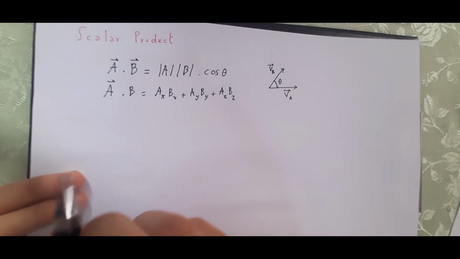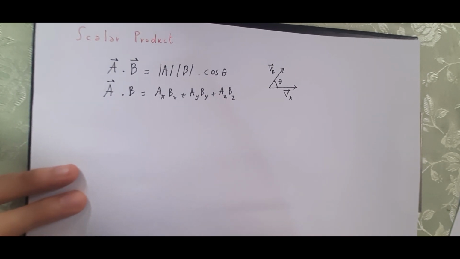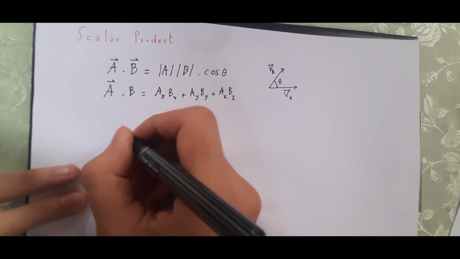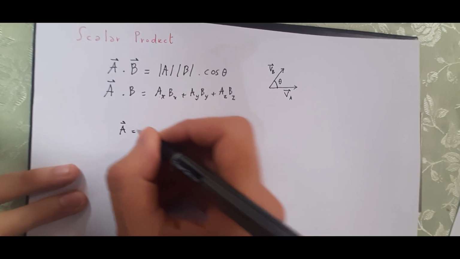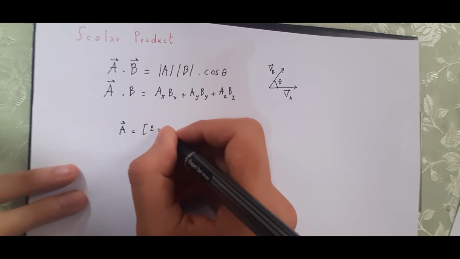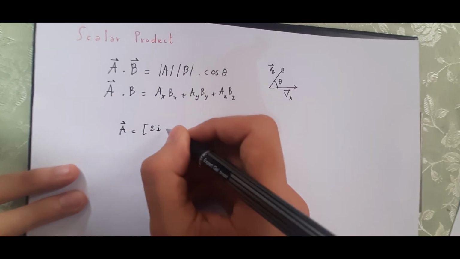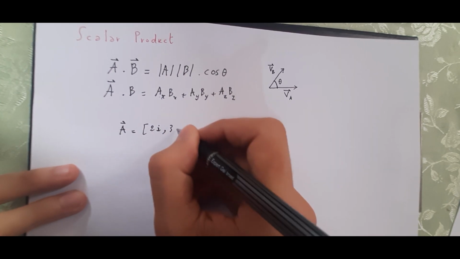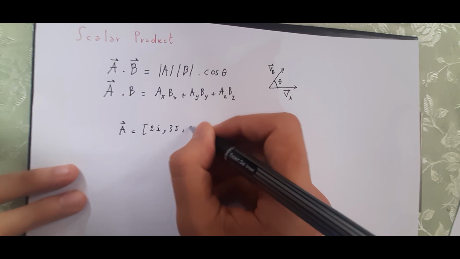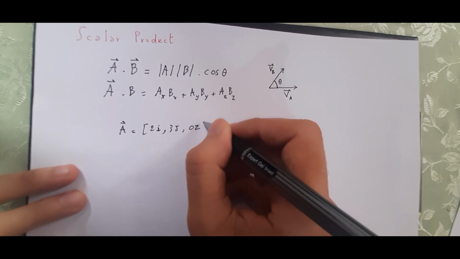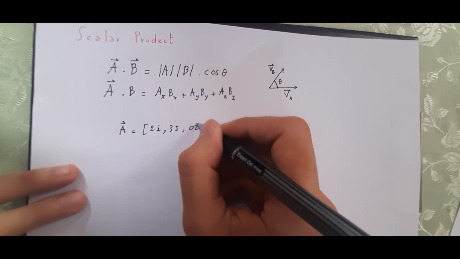We have some examples as follows. Let's say we have a vector A that has 2i and 3j and 0k.